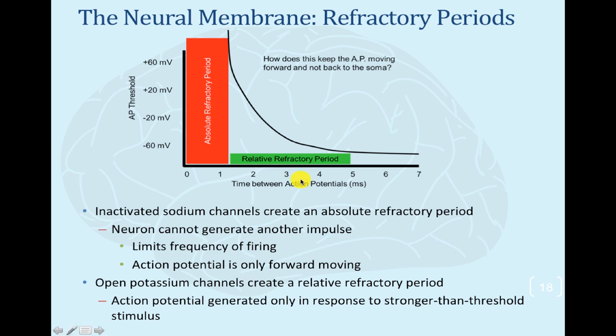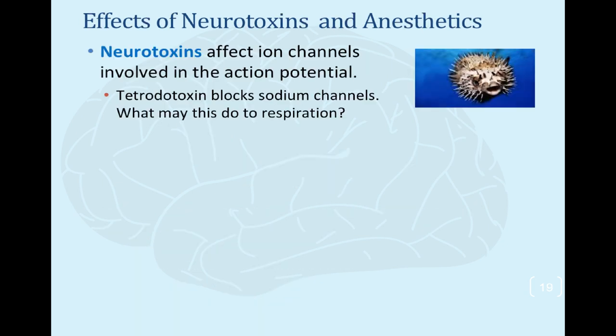And during the relative refractory period, it's only possible to have an action potential in response to a stronger than threshold, like an extra strong stimulus. So it's possible, but just not likely. What the refractory period does is, as the signal moves through the axon, it means that it can only go in one direction. So we will talk about that in a little bit.